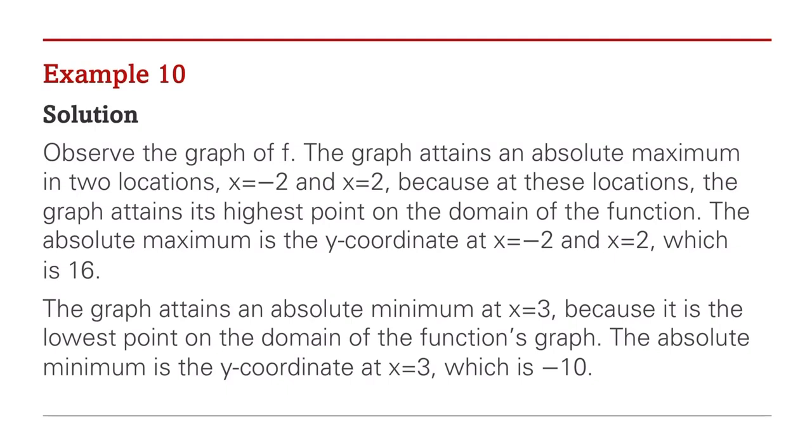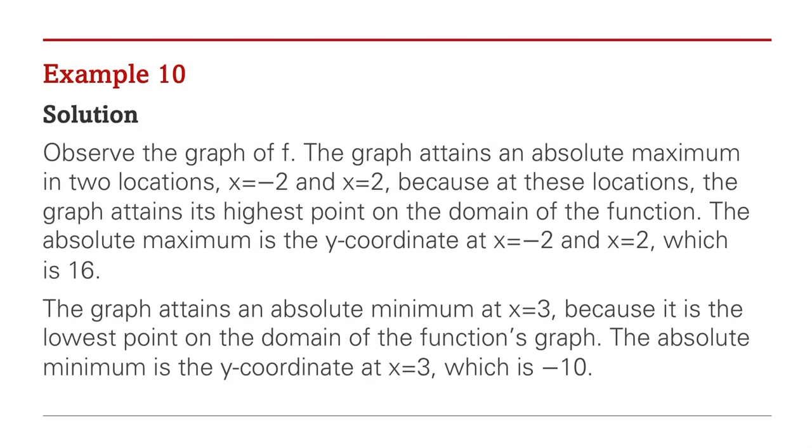So the graph attains an absolute maximum value in 2 locations when x is -2 and 2. Because at these locations the graph attains the highest point on the domain of the function, the absolute maximum value is the y coordinate when x is -2 and 2, which is going to be 16. The graph attains an absolute minimum value when x is 3, because it's the lowest point on the domain of the function's graph.